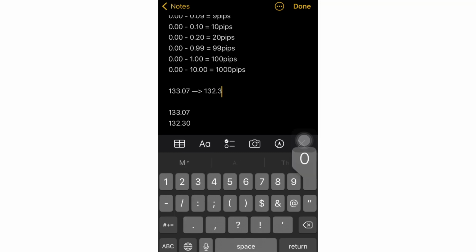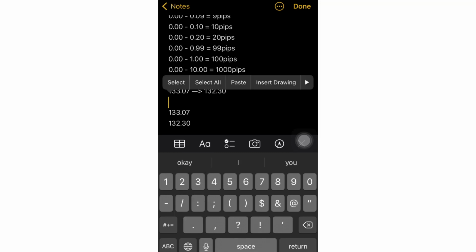Meaning you sell from this and close, meaning sell with a bid price. This is literally the bid price, and this is the ask price. You close with the ask price down below.